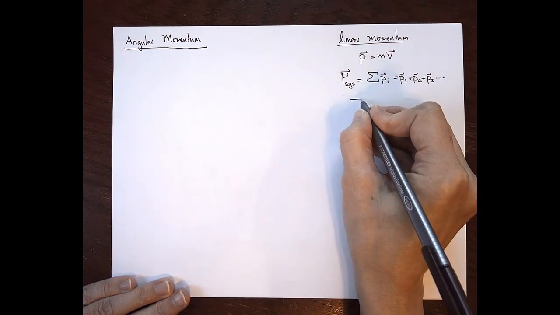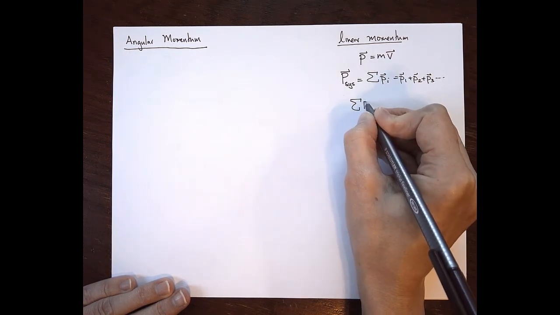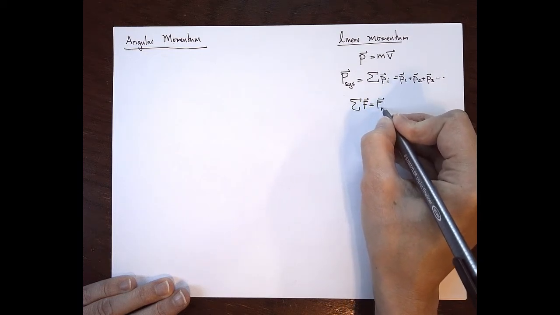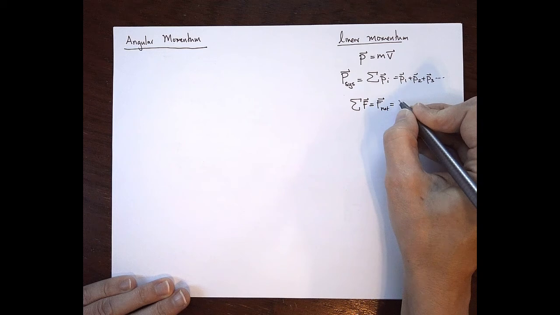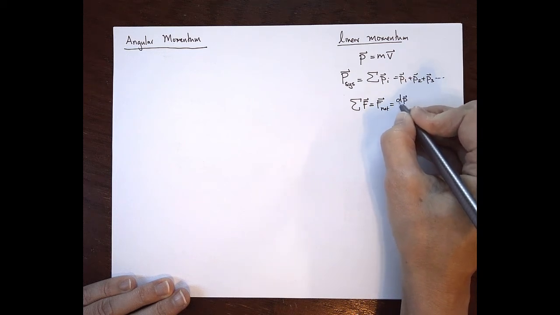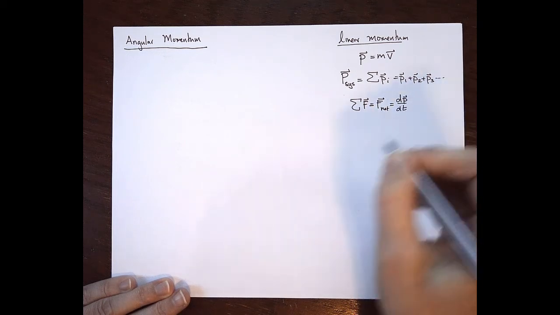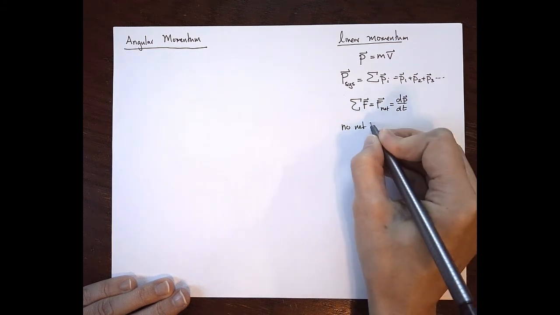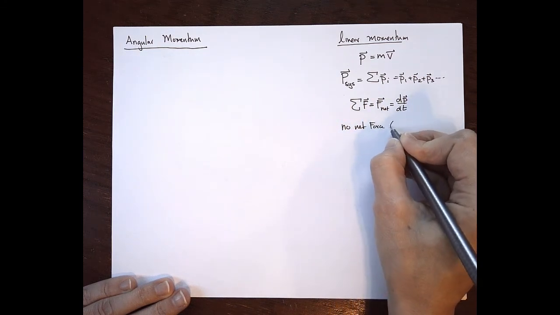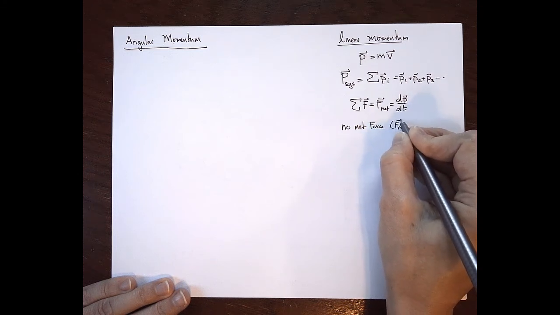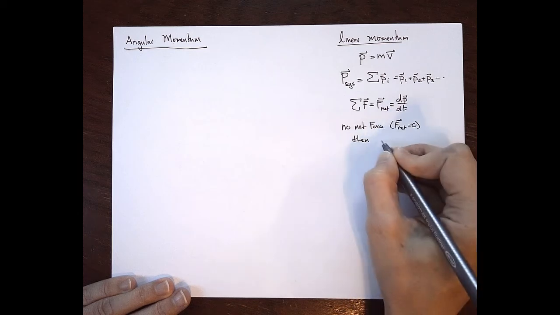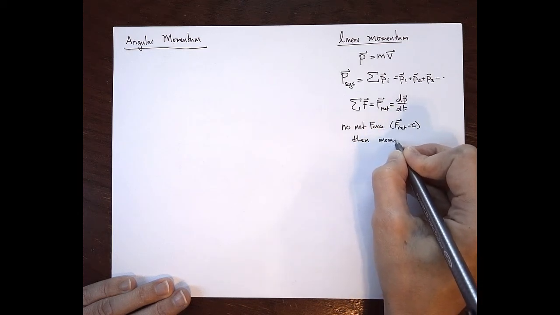And we also had that the net force on a system or on an object was equal to the change in the momentum. So if you ended up having no net force, that is, the net force was equal to 0, then momentum was conserved.